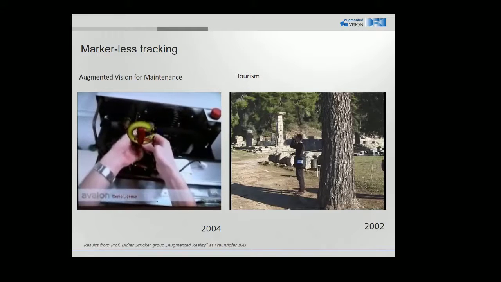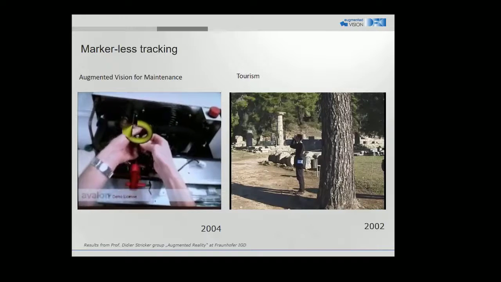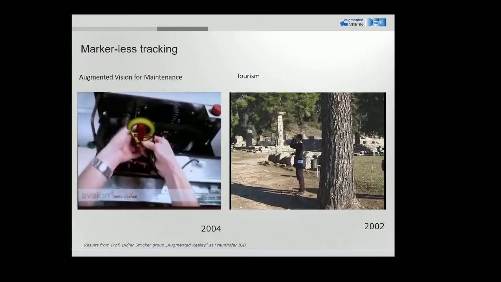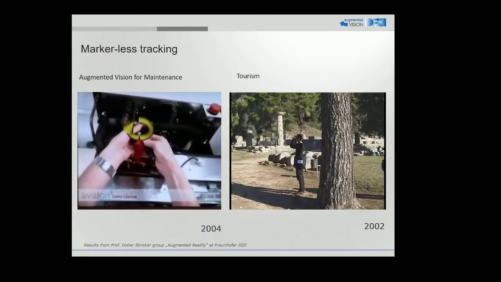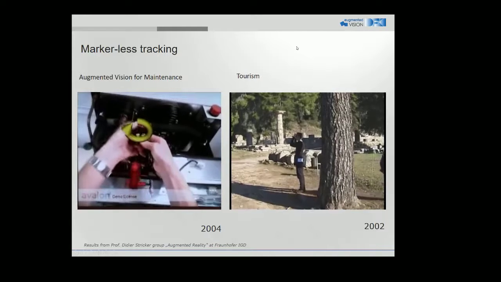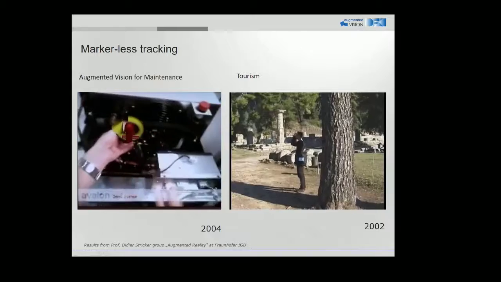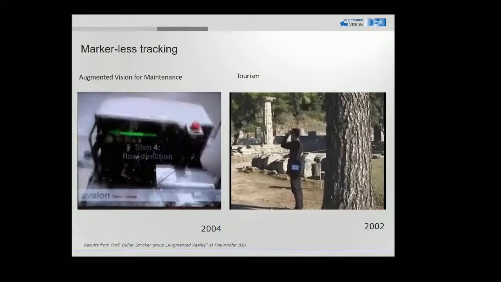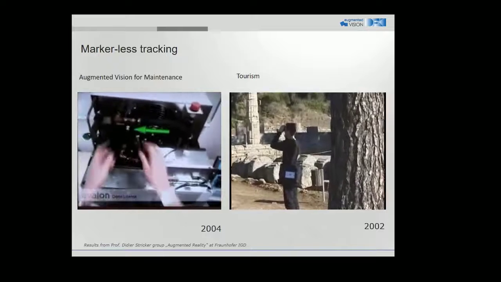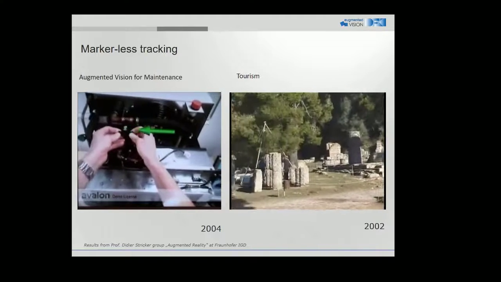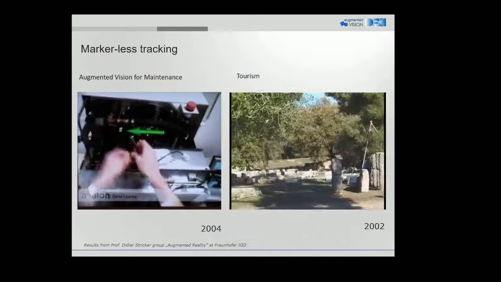The applications of this are in maintenance, and as an example, in tourism, where we are tracking based on the information given to us, for example, by GPS or by the natural features that exist in our image.